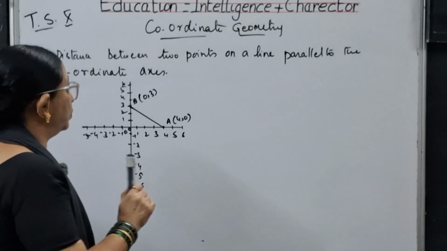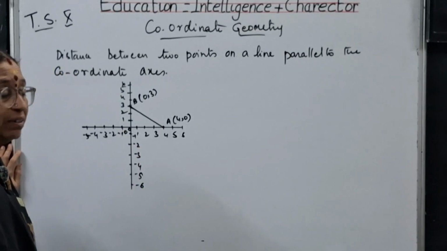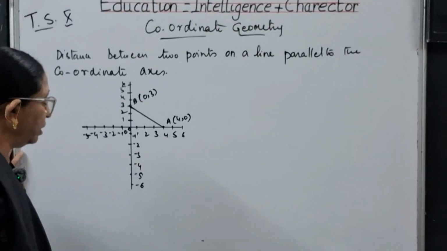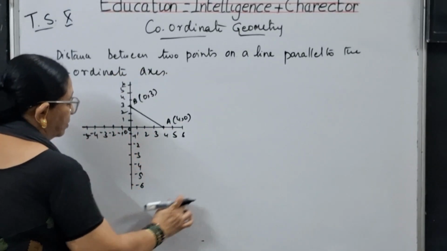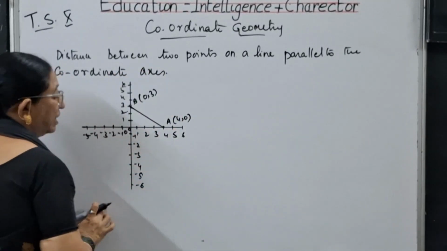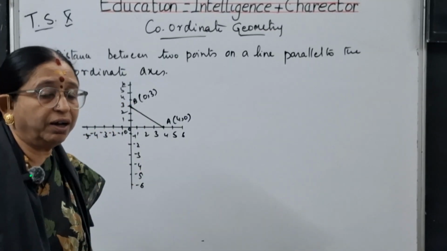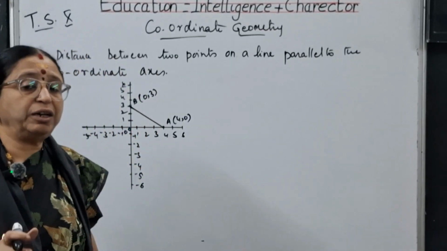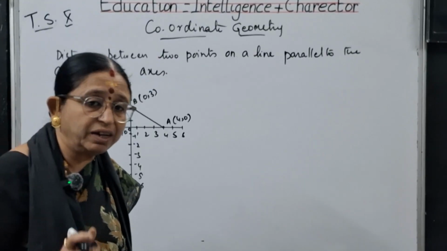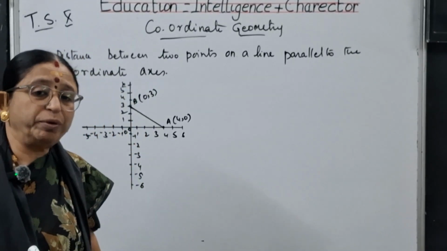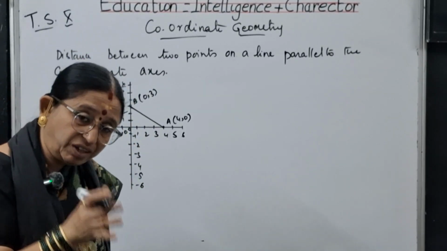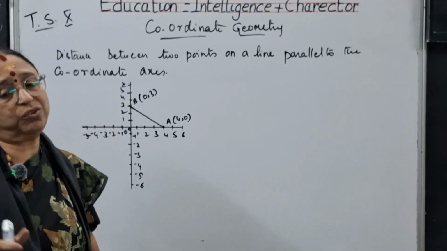Now, what should you do if you have the points given like this? If the points are given like this, better you draw the graph like the one given in your book. Actually, there is a derivation for the distance between 2 points at any place on the coordinate axis. So after teaching you the derivation, you can use that formula.